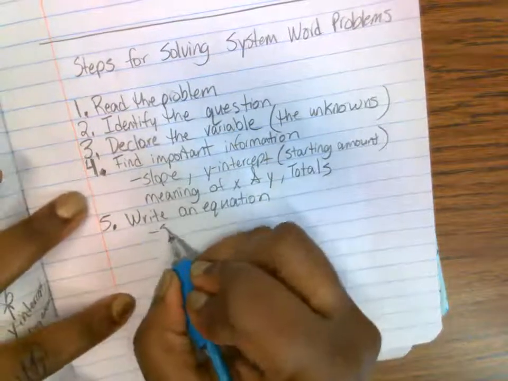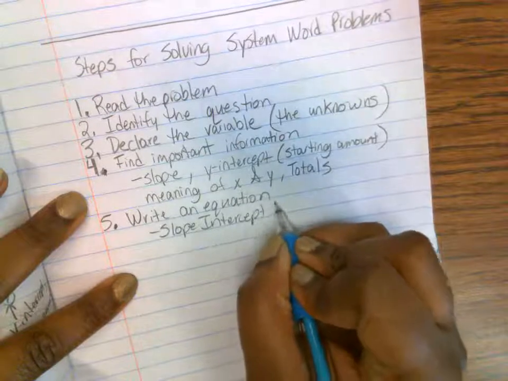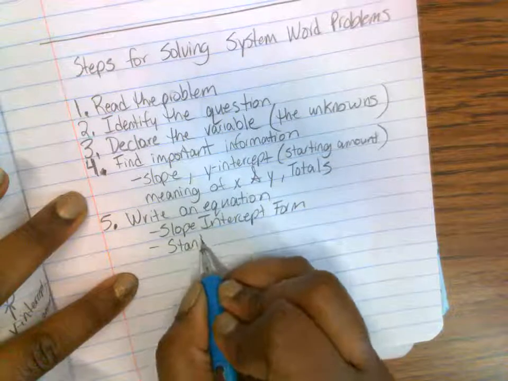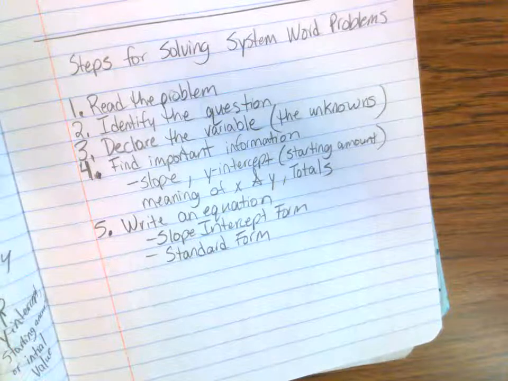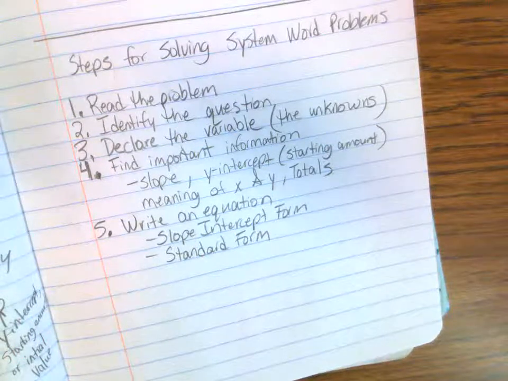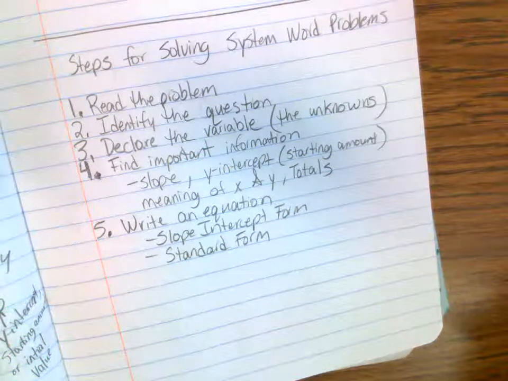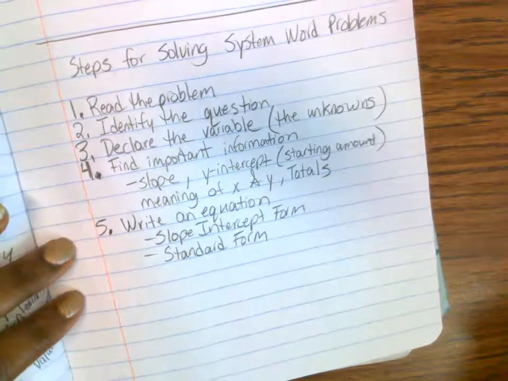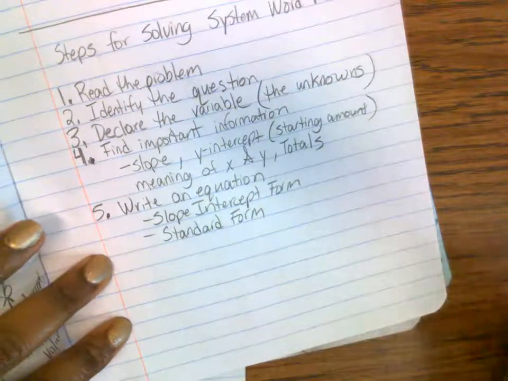We're either going to write it in slope-intercept form or standard form. And maybe not all the way standard form, maybe just in the right order, but the first number might be a negative. And most of these, not so much, because these are real world examples. So most of these are written in standard form or your slope-intercept form. Okay.